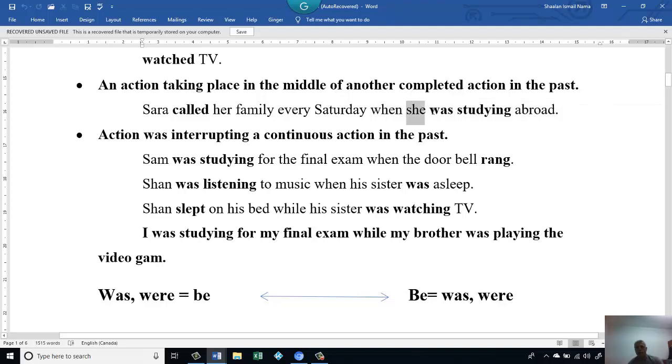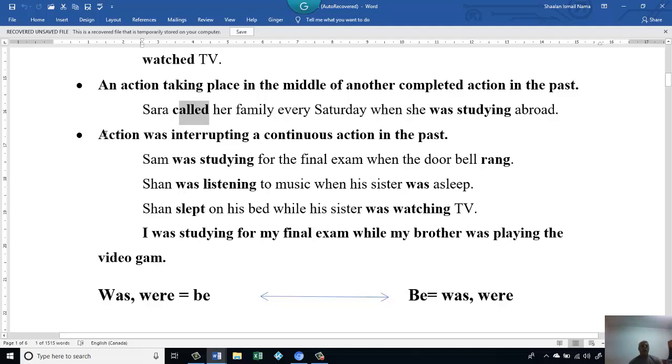This action is continuing in the past because we have was, which is the verb to be. Then we have the verb with ing form. That ing tells us it's continuing but happened in the past. And then we have another action that also happened in the past, but this is a completed action. This is a continuing action.